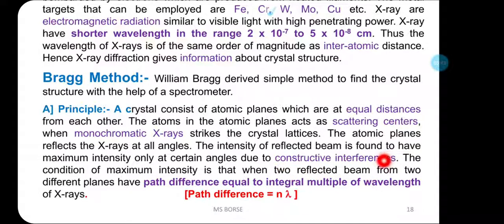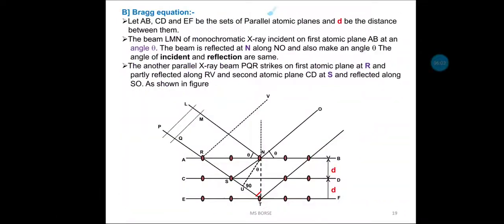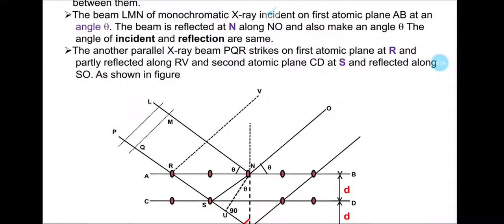Constructive interference means the reflected rays have the same phase, and that's why they reinforce. So let us see Bragg's equation.